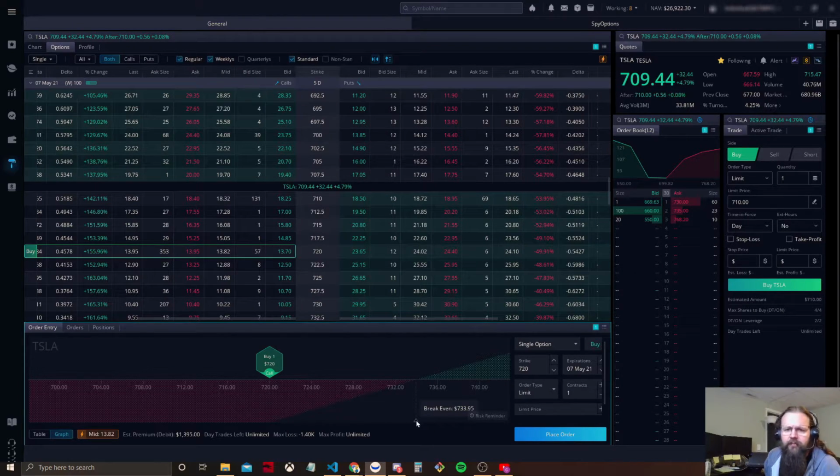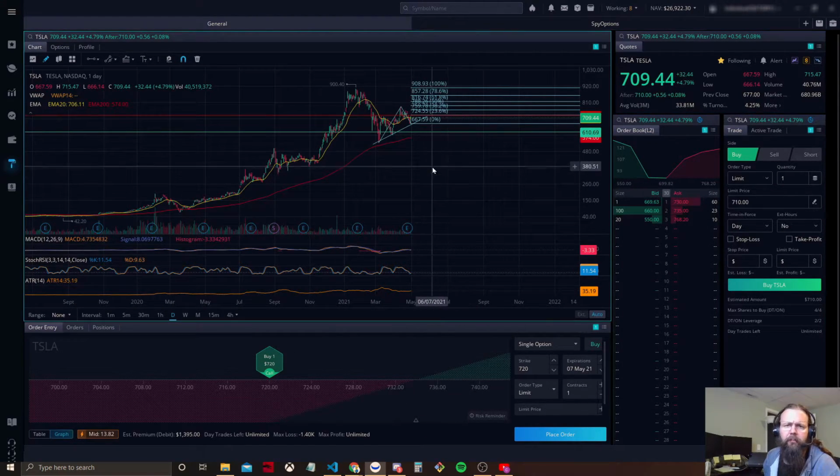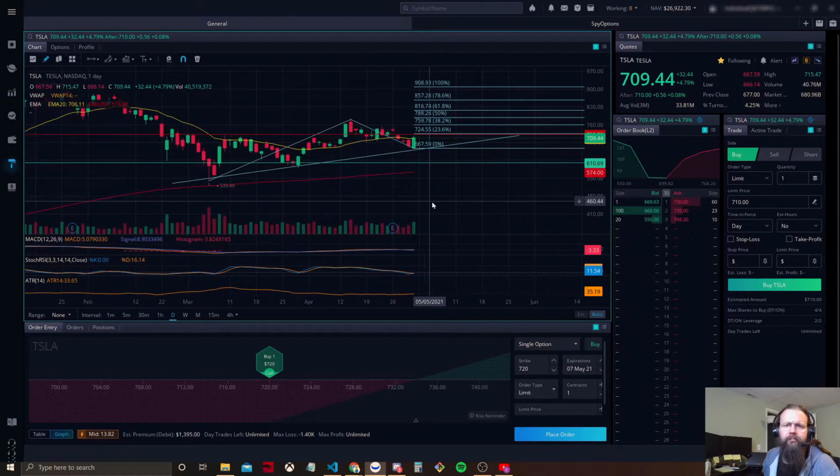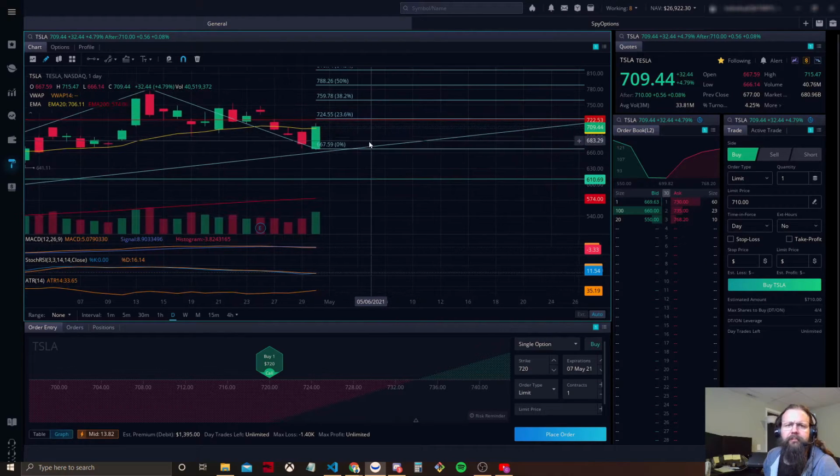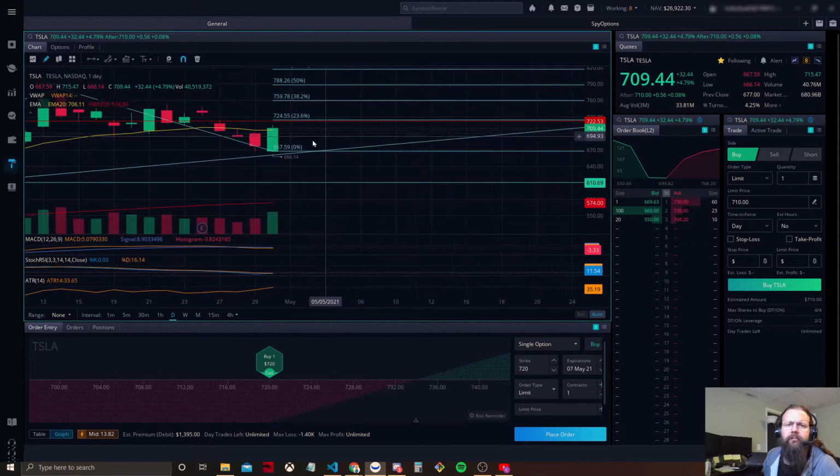Break-even price, 733. So let's double check the chart for 733 and see if that's reasonable. Close call. It's above that resistance we talked about earlier. But we are in an uptrend.